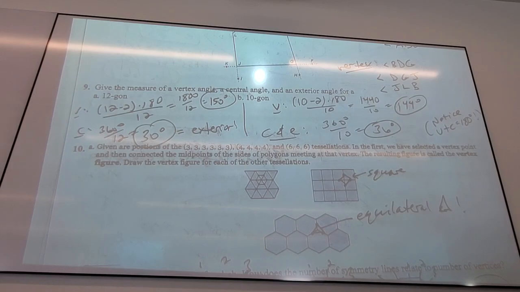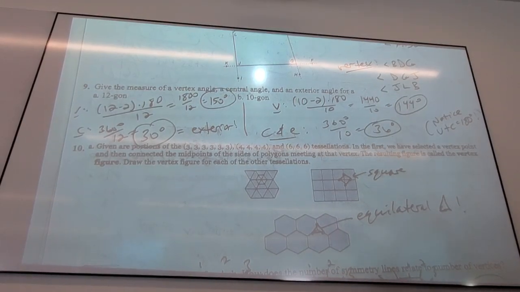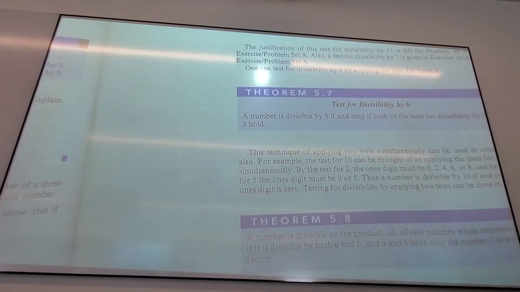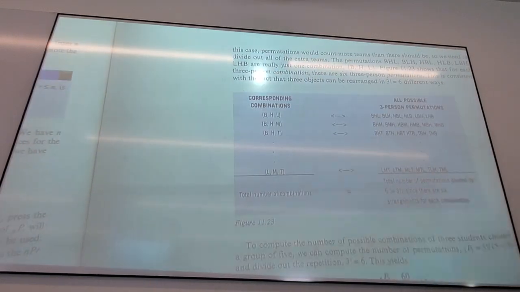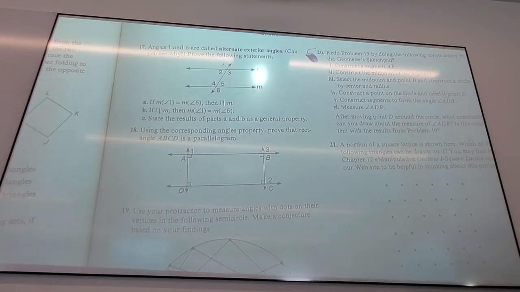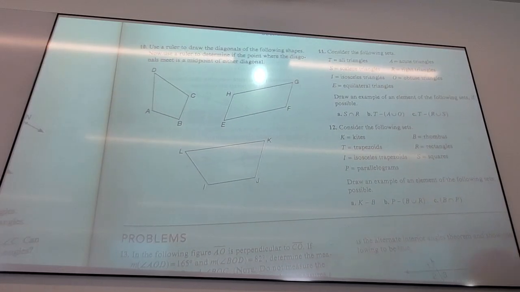Yeah. Yes? Can you go over section 12.4, number 10? Oh.